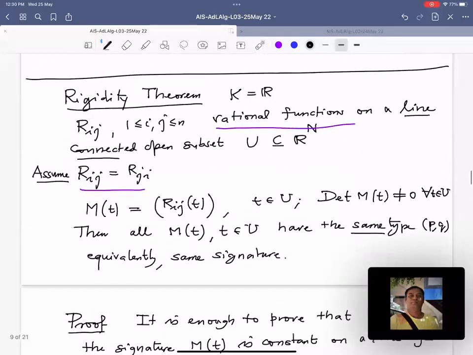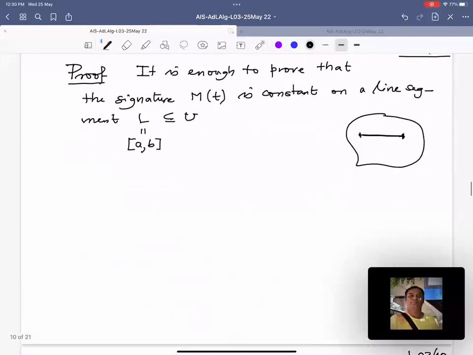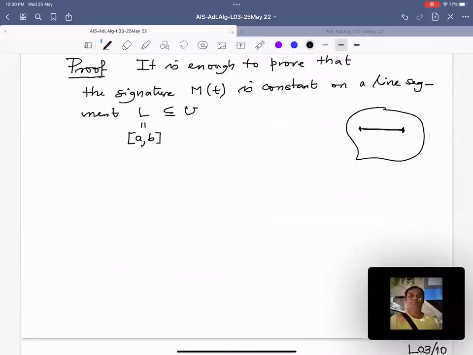Our field is the real numbers, and the R_ij are rational functions. So R_ij are then polynomial F_ij by polynomial G_ij, where G_ij is non-zero, for 1 less than or equal to i, j less than or equal to n.